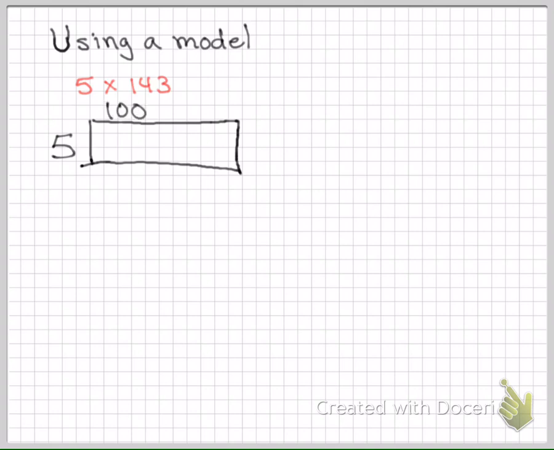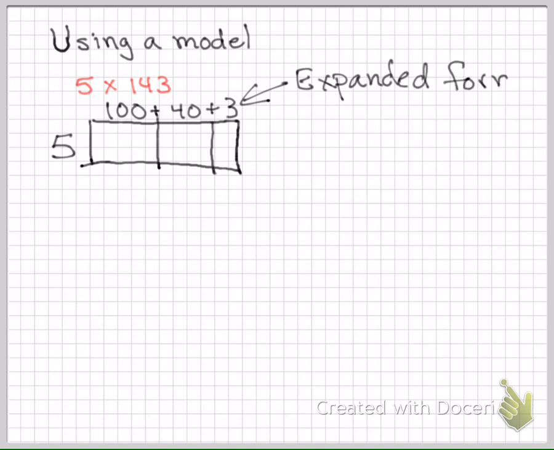Then we have 100 plus the 40 plus the 3. Here's the expanded form. Now, just like we did yesterday, we multiply the 5 times each one of these factors. So the first one we get would be 5 times 100.